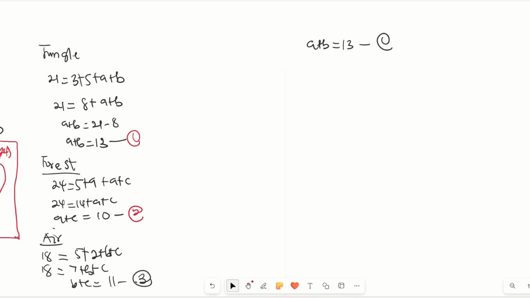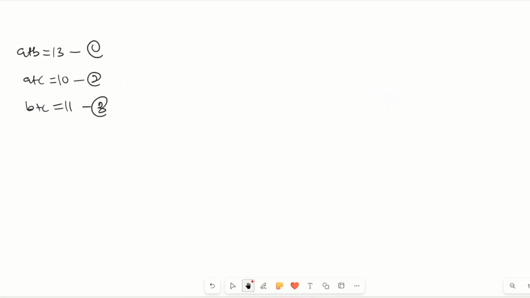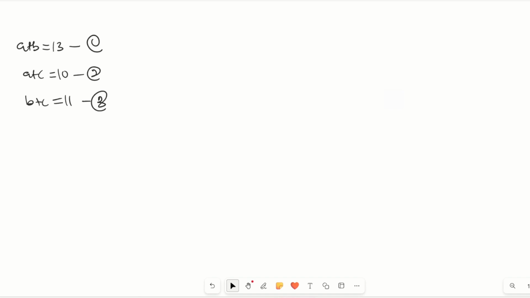That's equation 1. And our second equation is A plus C is equal to 10. That's equation 2. And our third equation is B plus C is equal to 11. Equation 3. Now, let's consider the 3 equations now.